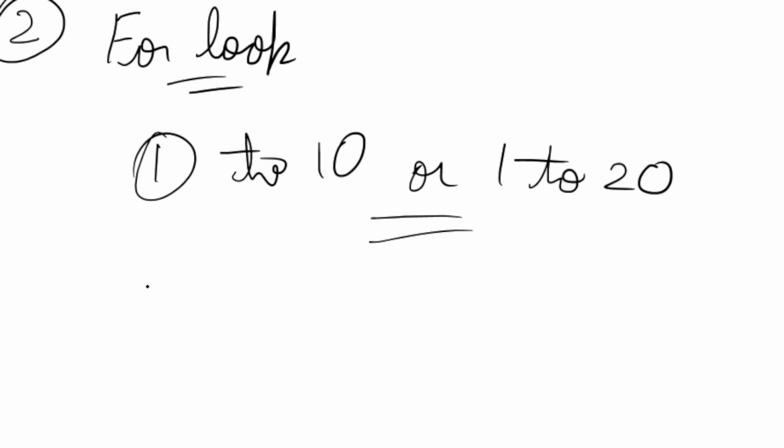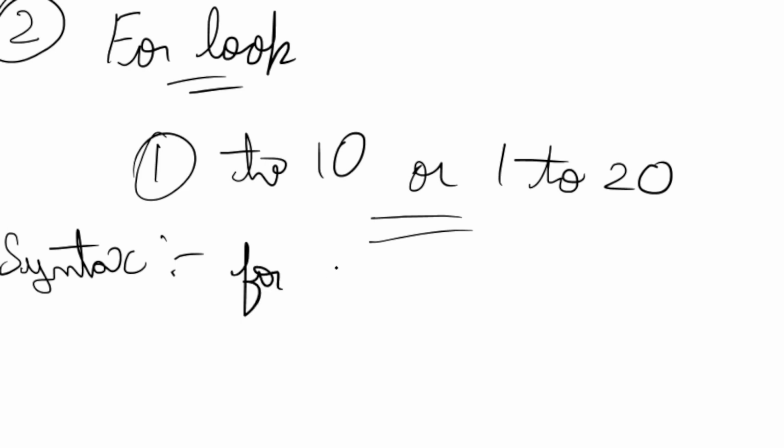Okay, so the initialization, or you can say I will provide you a syntax. In the syntax, you use the for keyword and your initialization, that is how many times you want to run a loop.